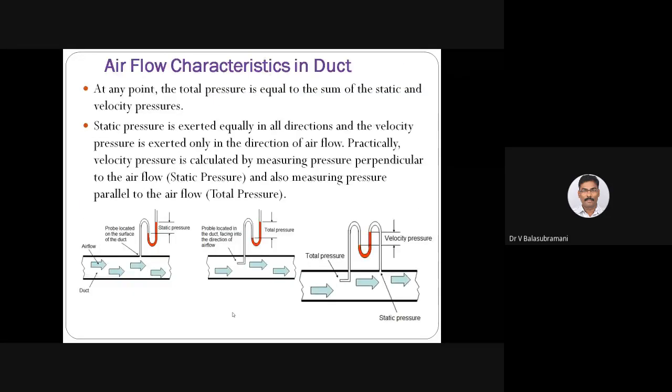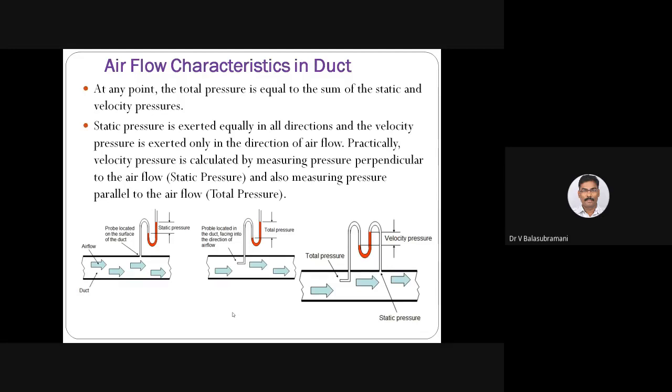I have already told that. And then the airflow characteristics of the duct: how the 3 pressures are measured. The static pressure is measured parallel to the airflow, as well as total pressure, which is also measured parallel to the airflow, and velocity pressure, which is measured perpendicular to the airflow.